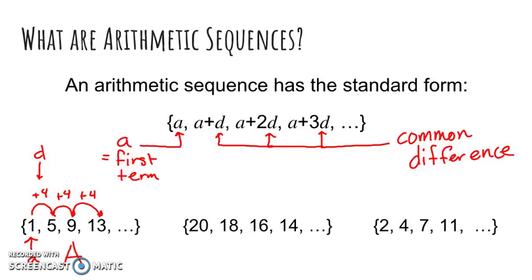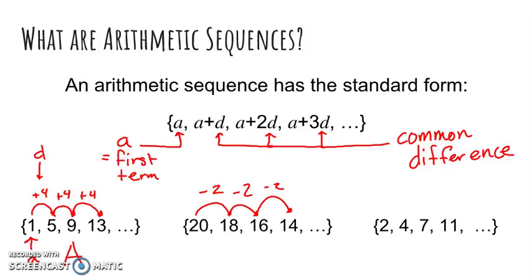Okay? So my common difference on that is a positive 4. This next one, okay? Notice I'm going 20 to 18. Am I subtracting? Remember, your arithmetic sequences are always adding. So I'm not subtracting, I'm adding a negative 2. Which is the same thing as subtraction. But we are adding a negative 2. Okay, we want to remember that. Then from 18 to 16, I am adding another negative 2. From 16 to 14, I am adding another negative 2.